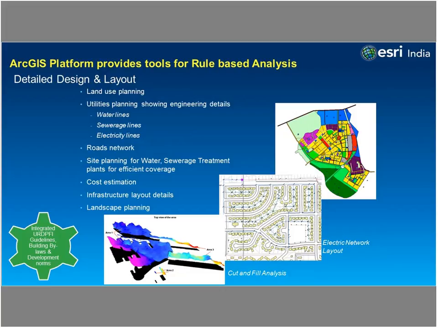Now, once this analysis is done, there is a detailed designing and layout they can plan for the land use planning, where they can put new utilities depending on the population requirements. For this planning and master plan preparation, they need to do various analyses with respect to utilities, road and infrastructure requirements.